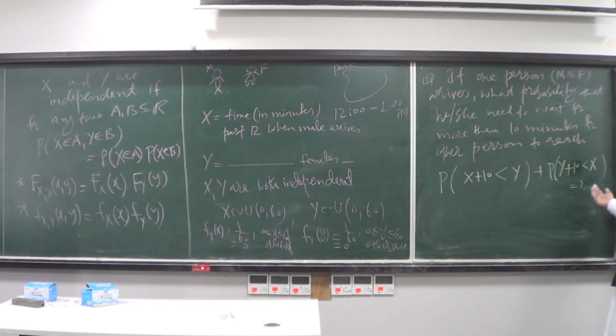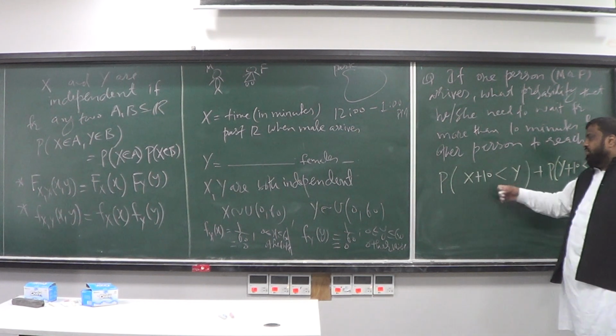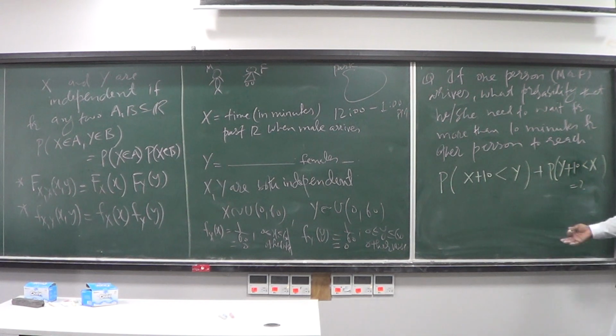So if you compute one, the other would be the same. Due to the symmetry, the sum of the probabilities is going to be twice one of the probabilities. So one way to do the problem is to compute just one probability and then double it.